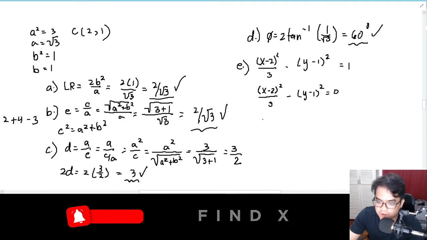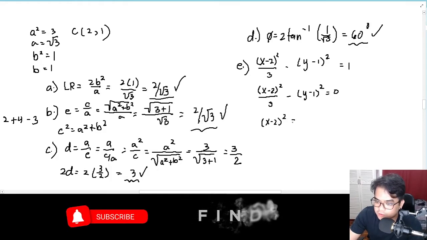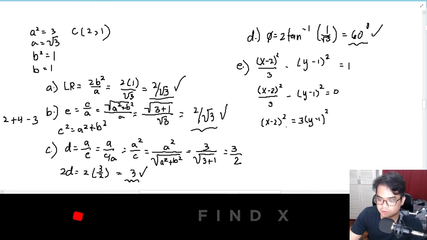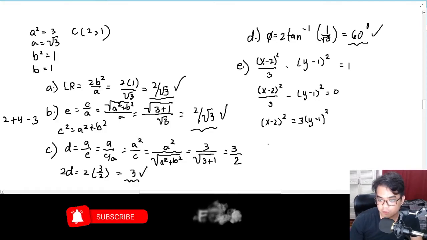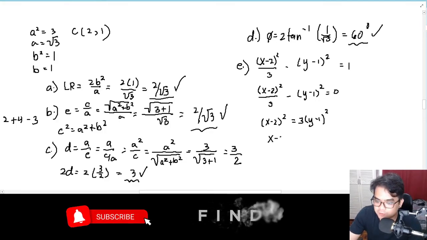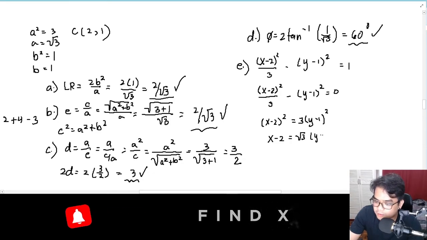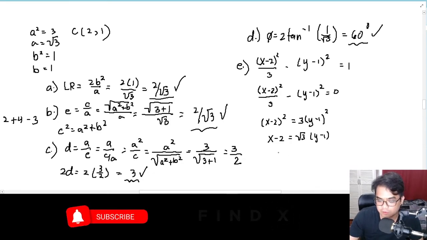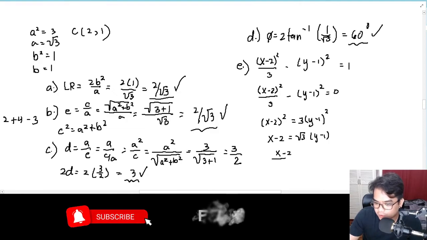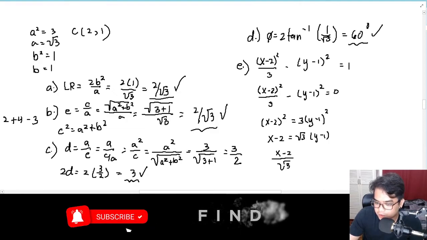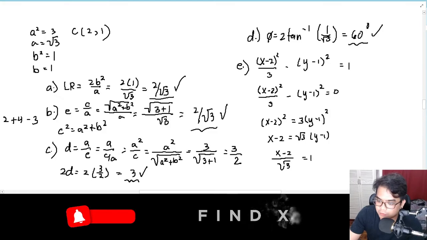So you will have here (x − 2)² and then transpose (y − 1)², therefore that will become negative, and then times 3. Then let's get the square root of both sides. You'll have x − 2 equal to square root of 3 times (y − 1). So x − 2 over square root of 3 equals y − 1.